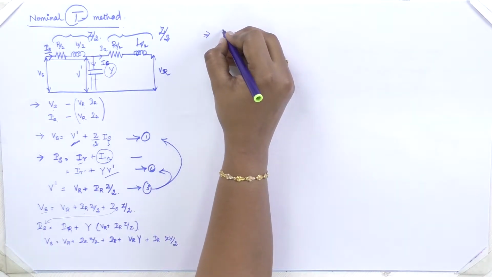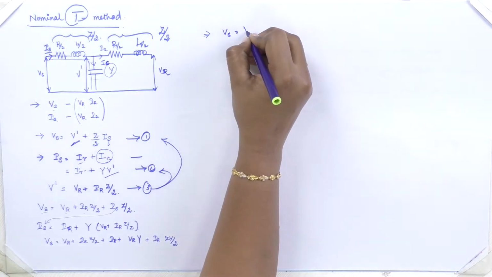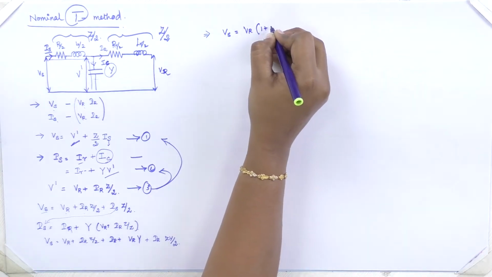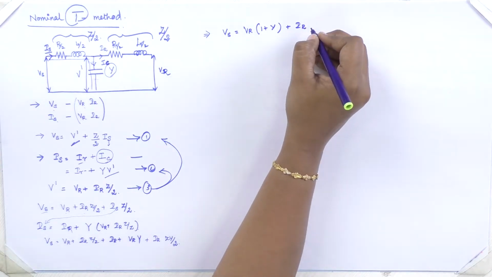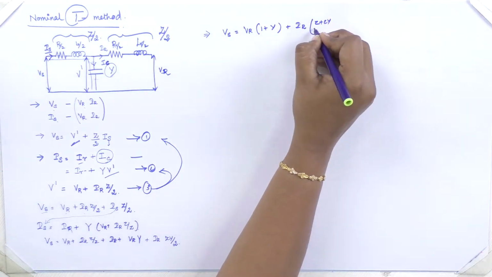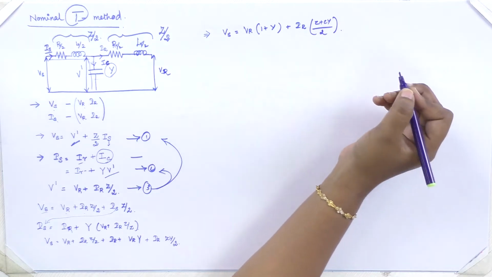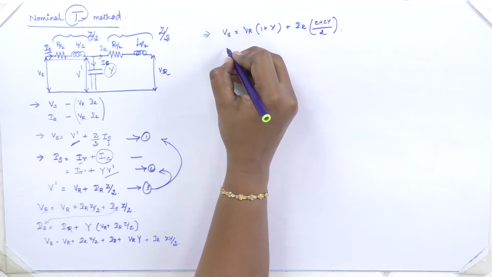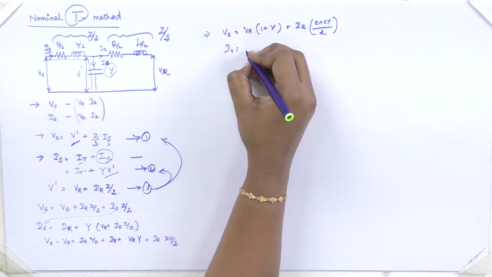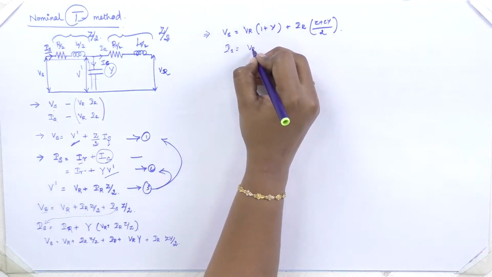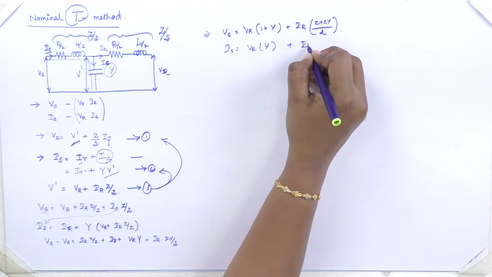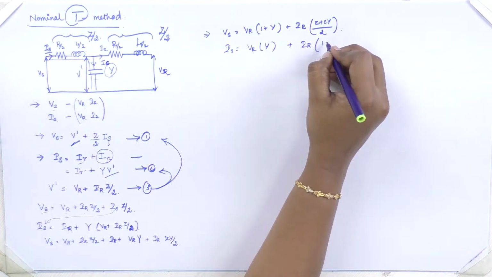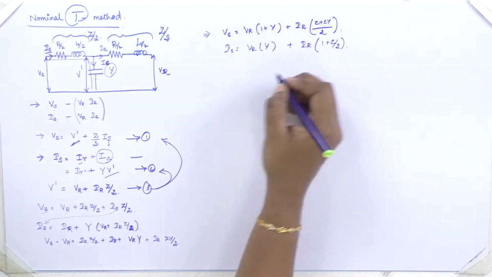Now rearranging this equation in a simpler form, Vs is equal to VR into 1 plus Y plus IR into Z plus ZY by 2. Similarly, Is is equal to, for VR it's simply Y, and for IR it is 1 plus Z by 2.